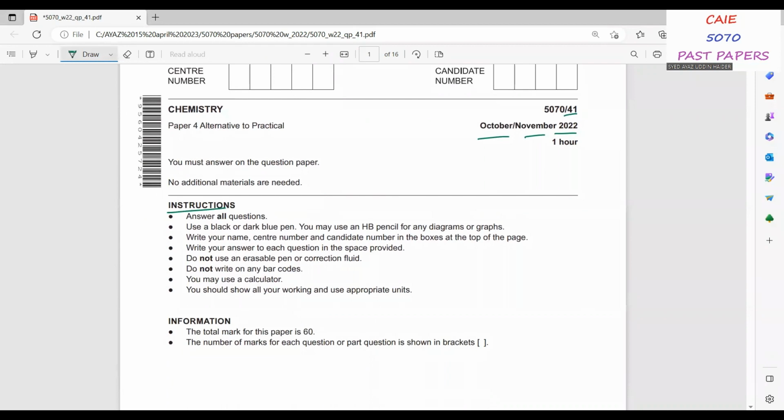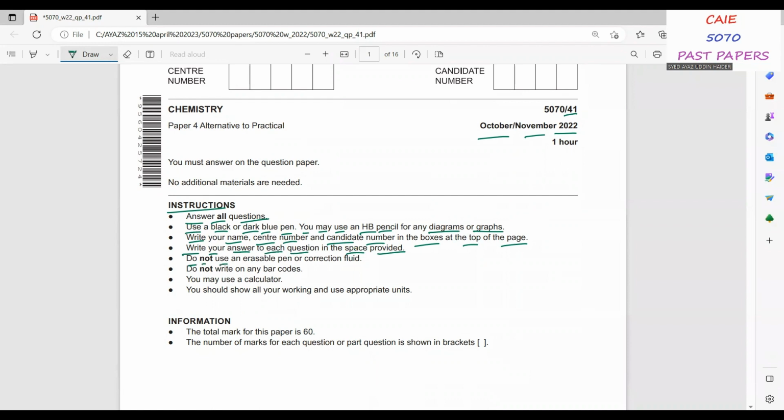The instructions for this paper are: answer all questions, use a black or dark blue pen. You may use an HB pencil for any diagrams or graphs. Write your name, center number, and candidate number in the boxes at the top of the page. Write your answer to each question in the space provided.